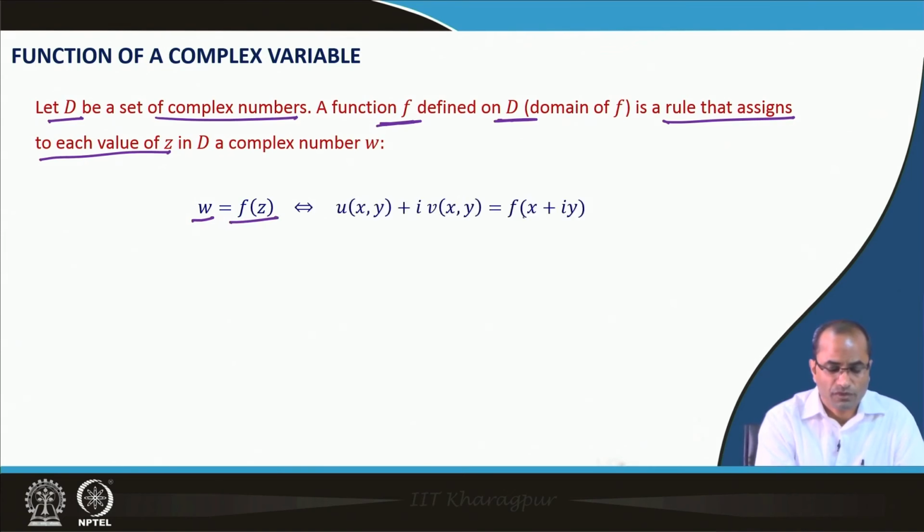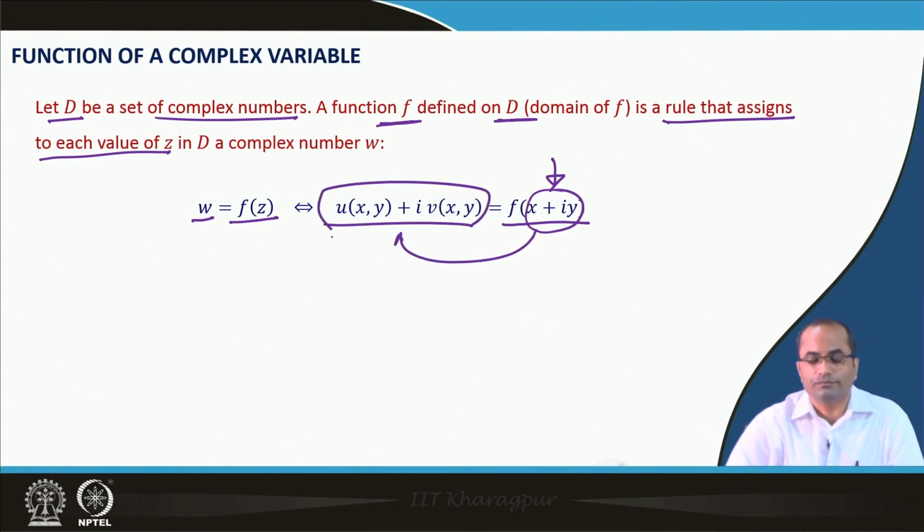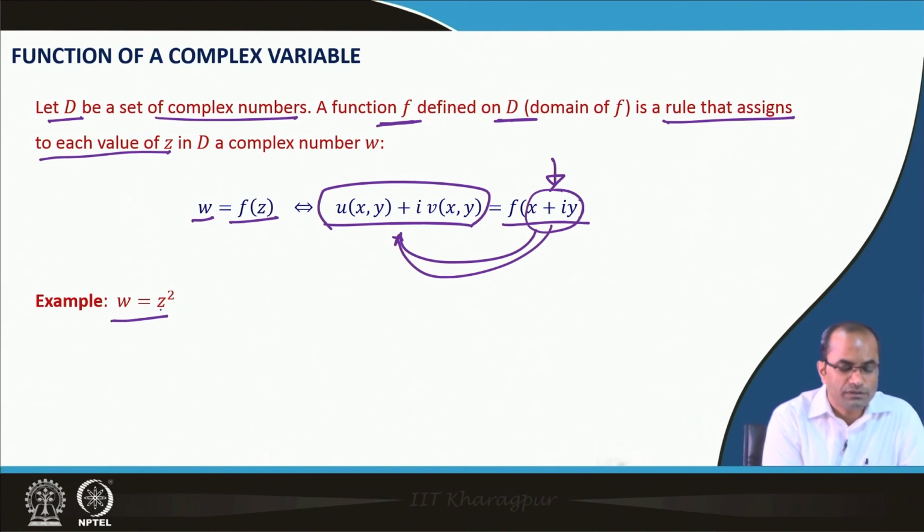Or we write this as f of x plus i y. It is an input to this function, a complex number, and then we get again a complex number, u of x, y plus i v of x, y. So from complex number to complex number, that is the mapping this function is doing. For example, w equals z square.